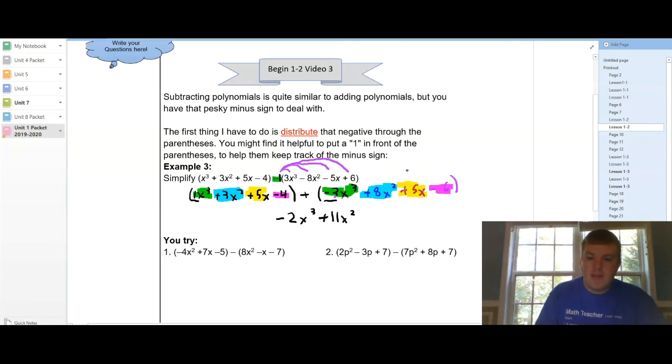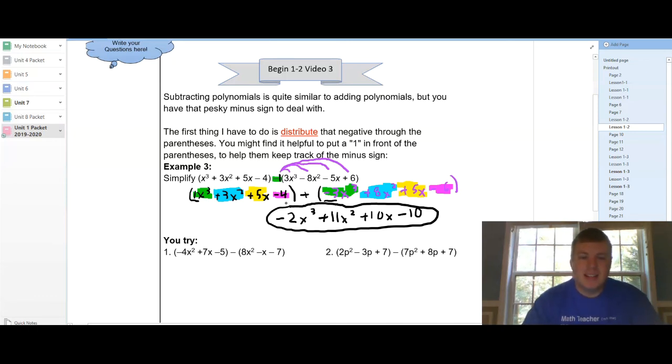I have a positive 5x and a positive 5x, which gives me a plus 10x. And last but not least, a negative 4 and a negative 6 give me a negative 10. I double checked that I don't have any other like terms that I missed. Each of these is its own unique term. So my final answer is negative 2x cubed plus 11x squared plus 10x minus 10.